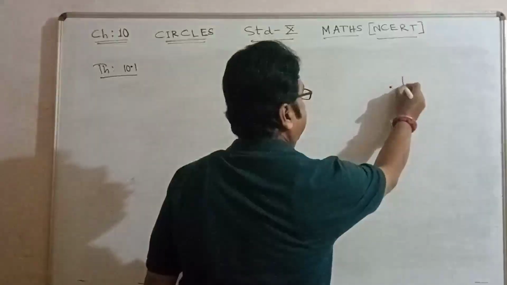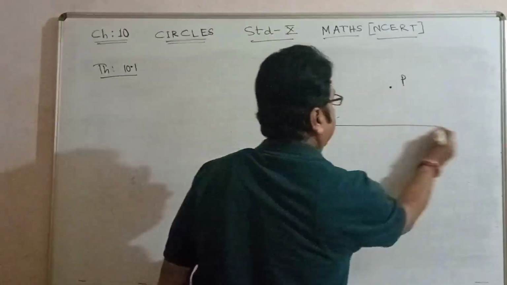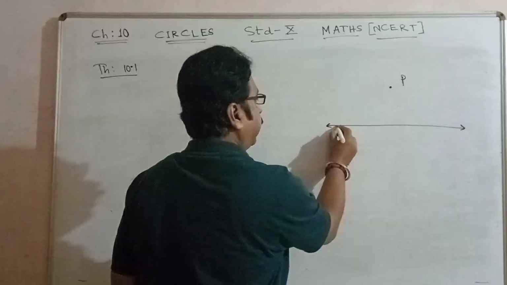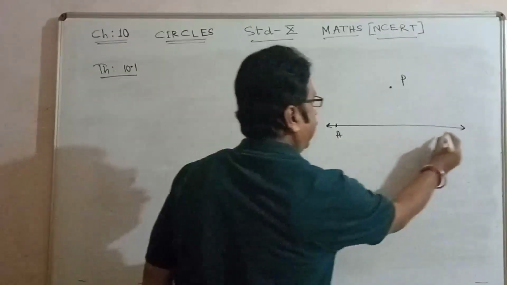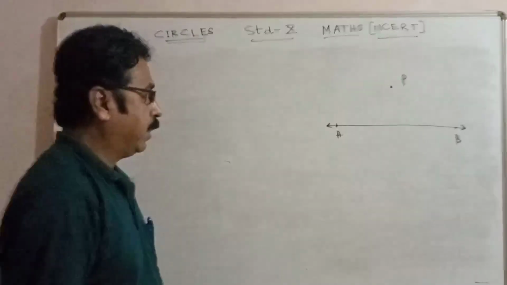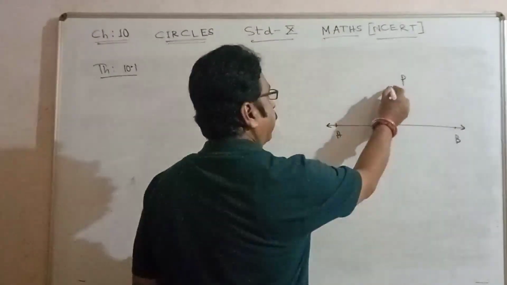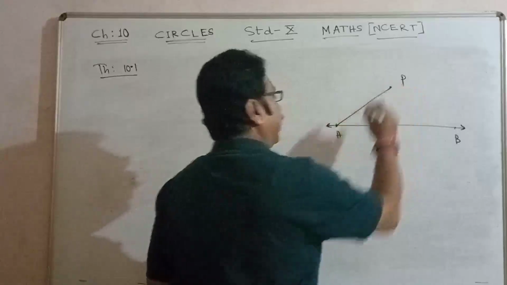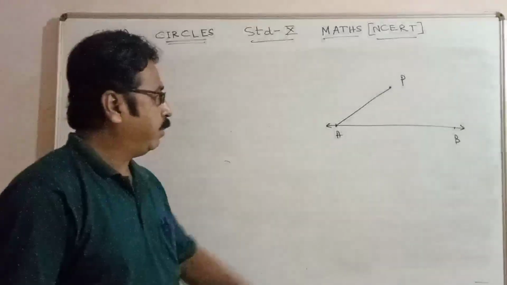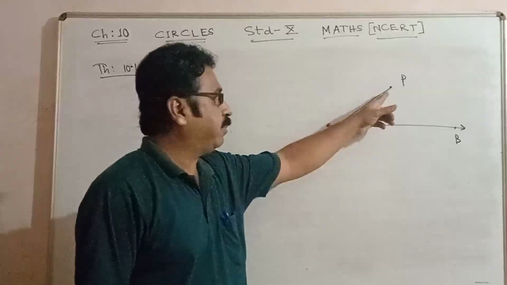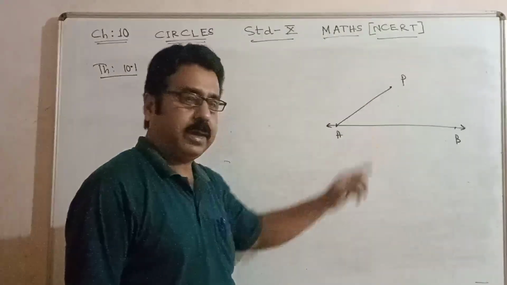Suppose this is a point P and this is a line AB. If we join the point P with the point A, then PA will be the distance between the point P and the line AB.